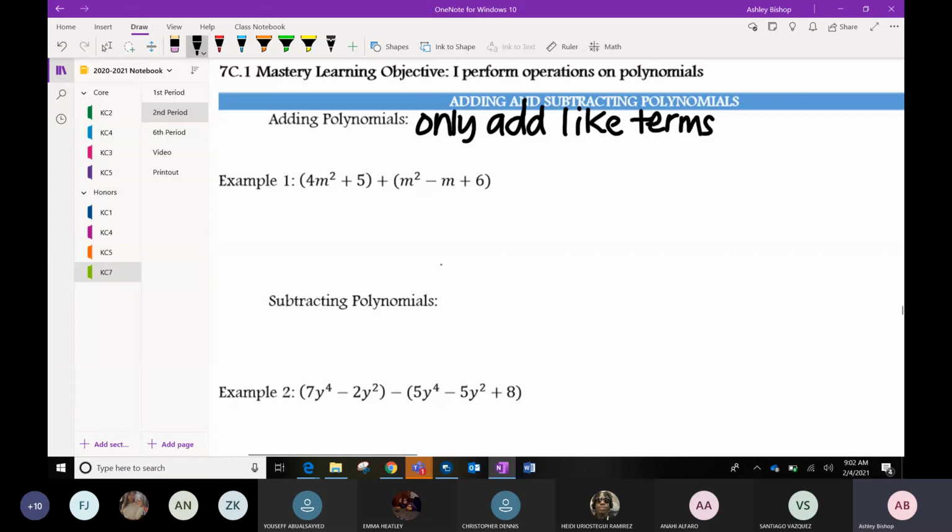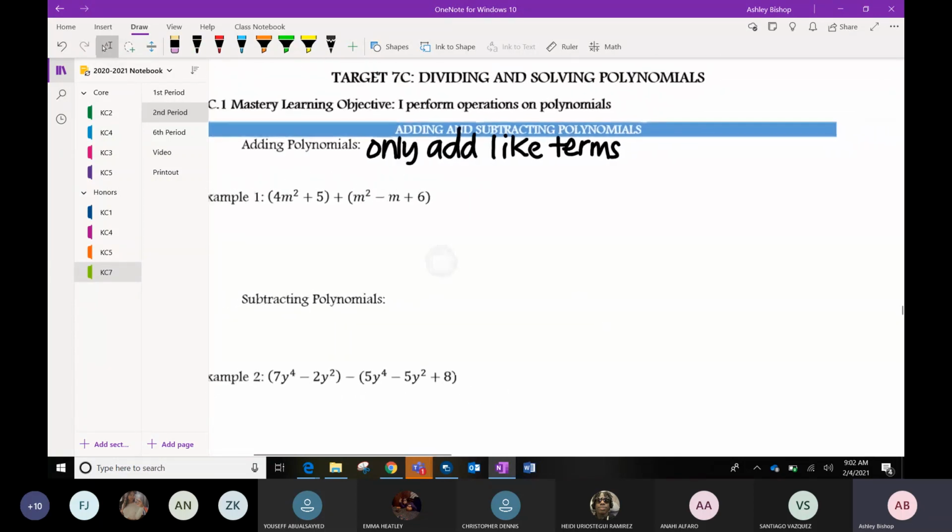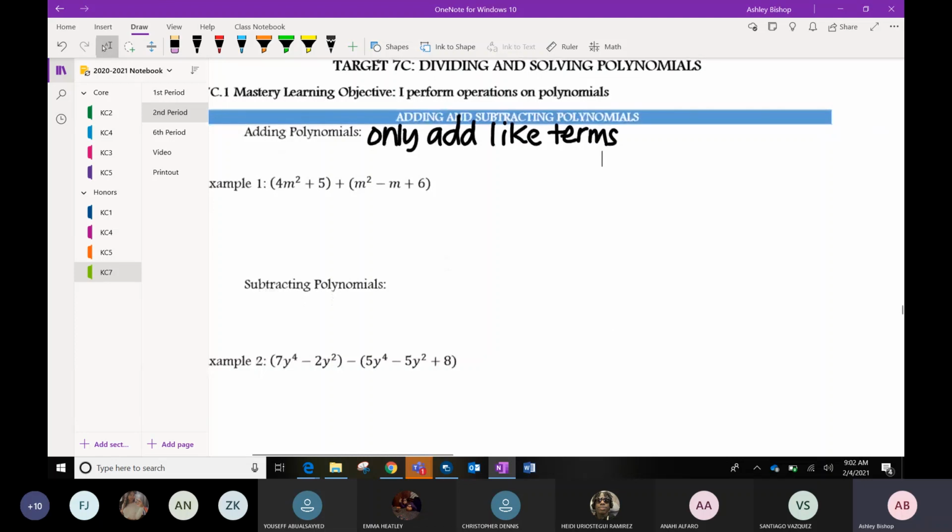And so when we add polynomials, we add their coefficients and we don't change the exponent. So it's worth mentioning, we add coefficients and don't change the exponents.